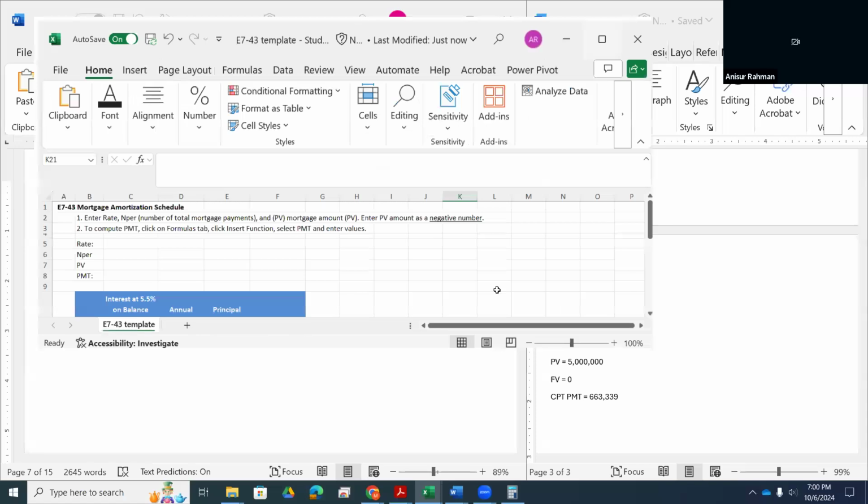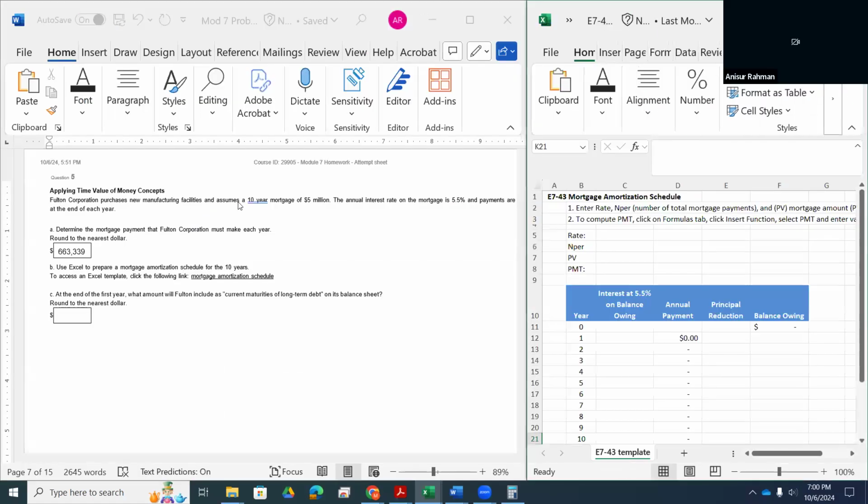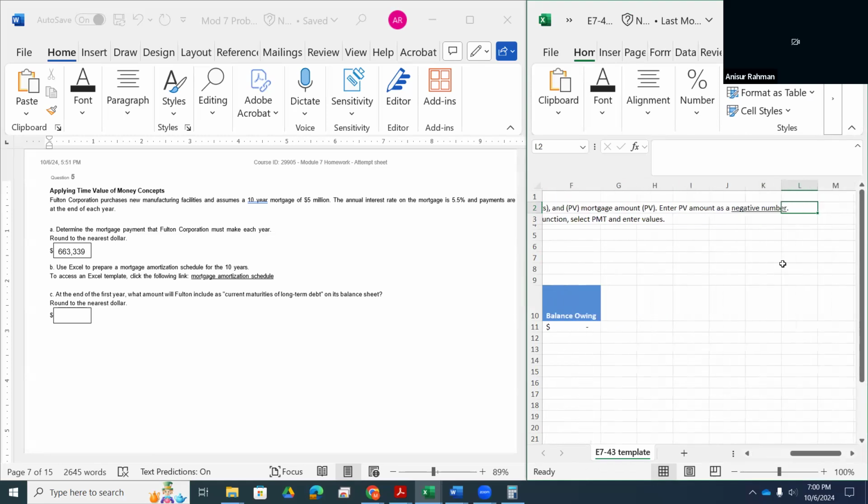So this is the Excel file. So enter rate and nper, that means number of total mortgage payments, and PV, the mortgage amount. Enter PV as a negative number.